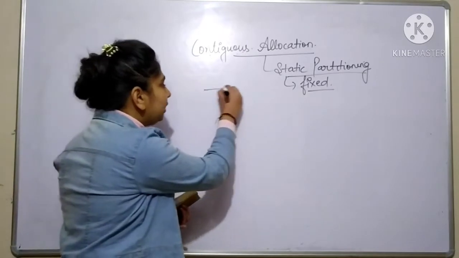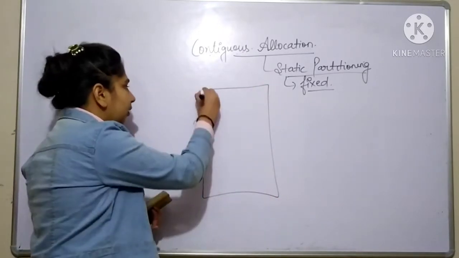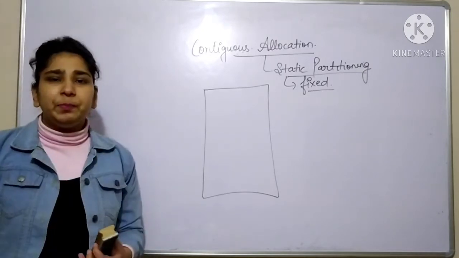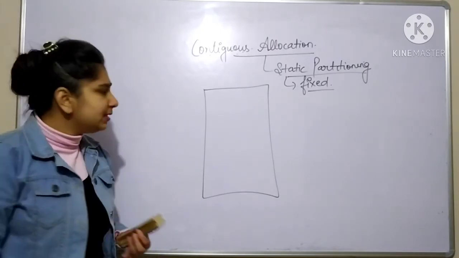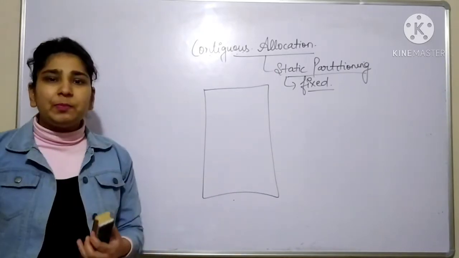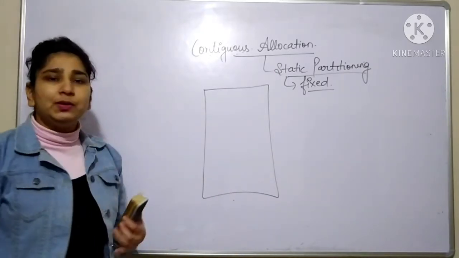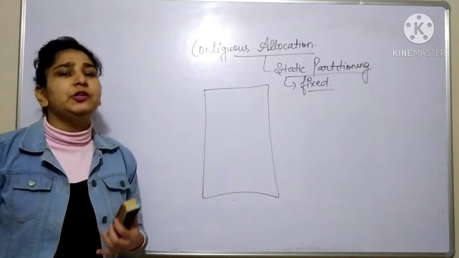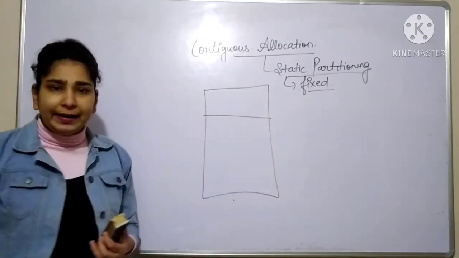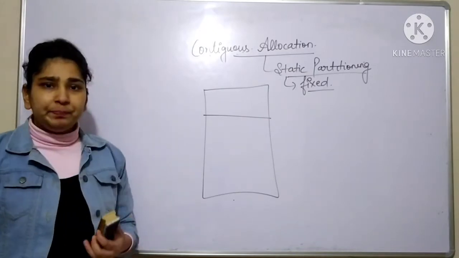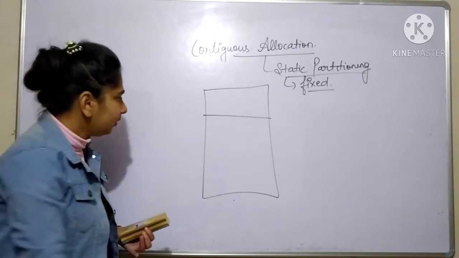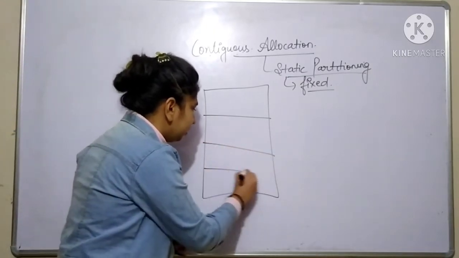So what could be the simplest way to keep multiple processes in the main memory? Divide your main memory into fixed partitions. We are going to divide the main memory into fixed partitions, like this.